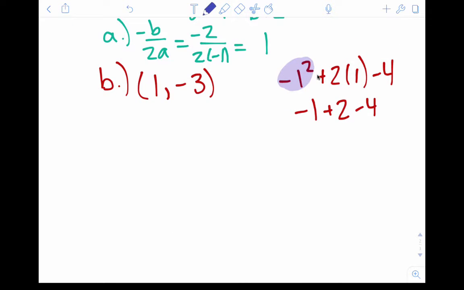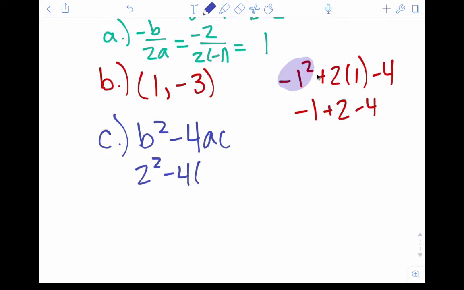The next thing I need to do is figure out my discriminant. So I'm going to use b squared minus 4ac. So I have 2 squared minus 4 times -1 times -4, which is 4 minus 16. That's a -12.